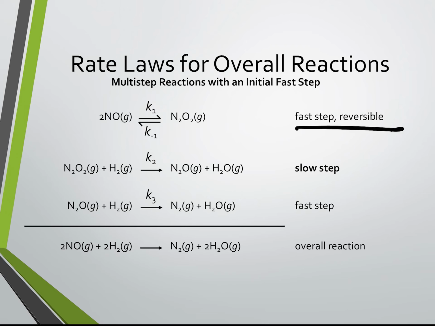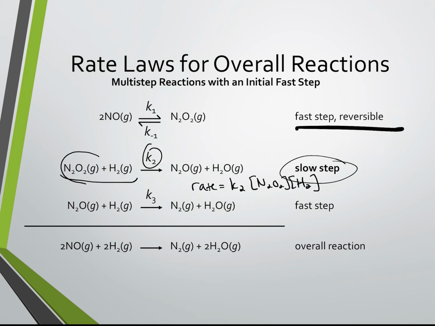So first thing we need to do is determine our slow step, which is this one, and we're going to write our rate in terms of that slow step. So rate is equal to K2 [N2O2][H2]. Now, what you hopefully notice is that N2O2 is an intermediate.